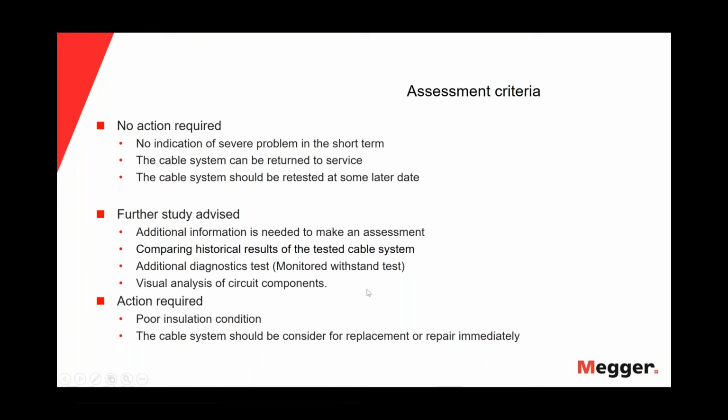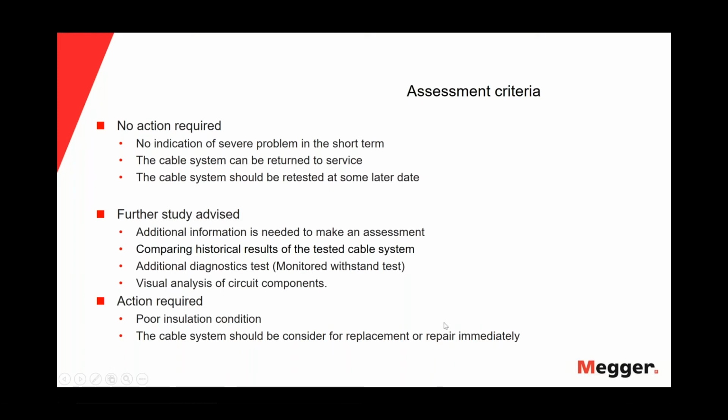And action required, the last result we can get, means that we have a really poor insulation condition and the cable system should be considered for replacement or repair immediately.